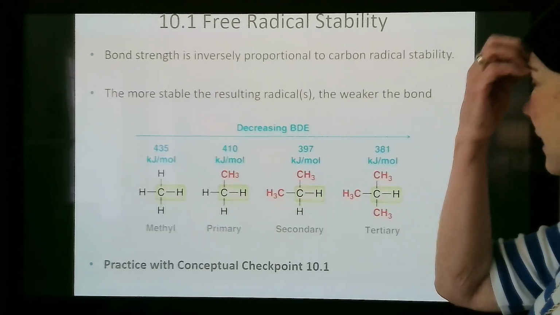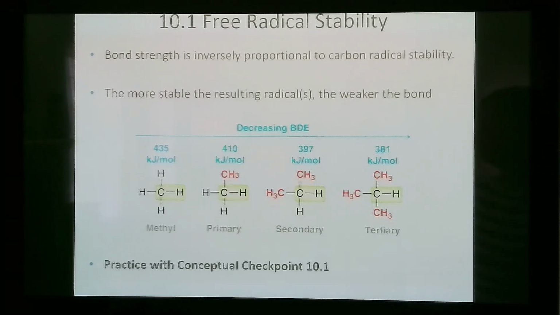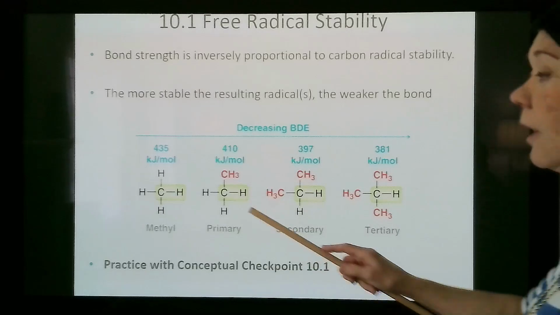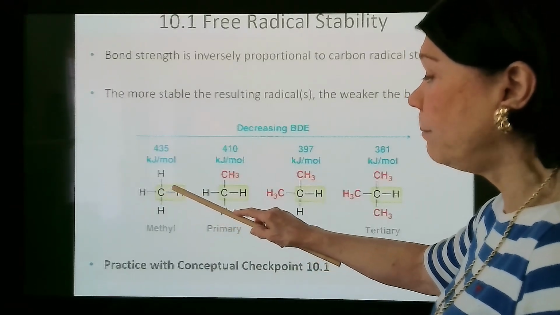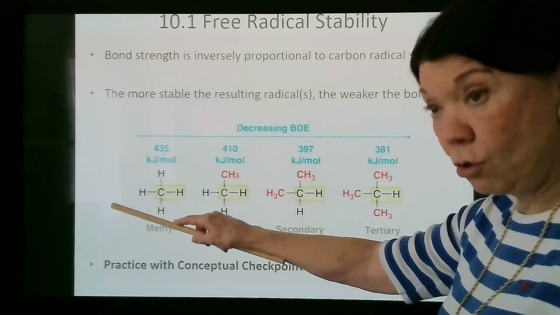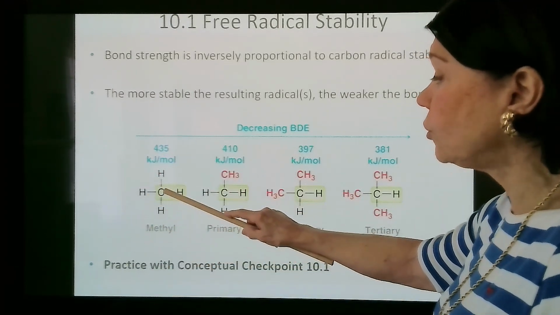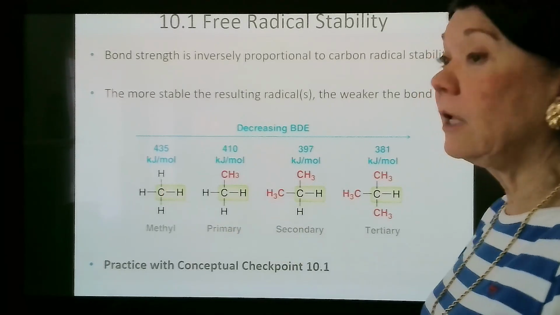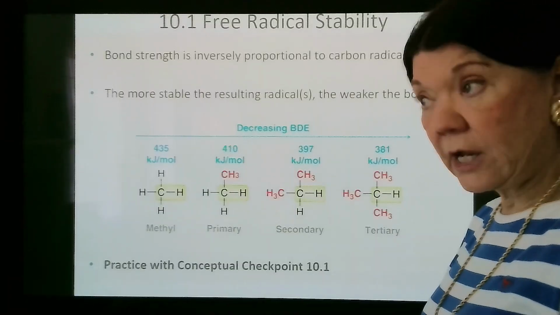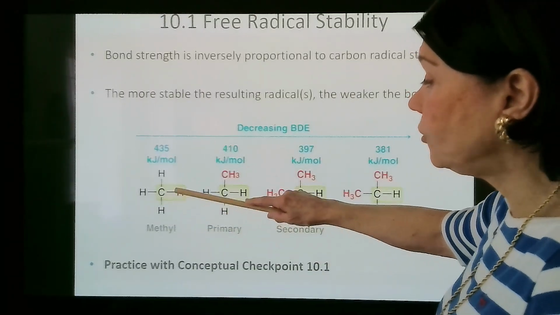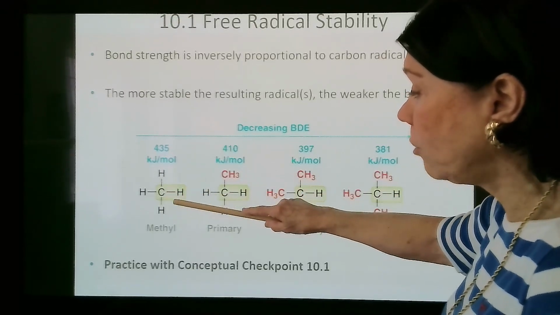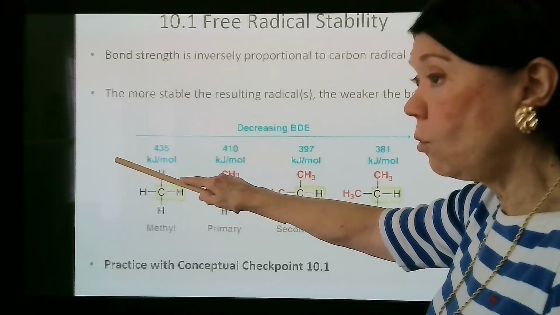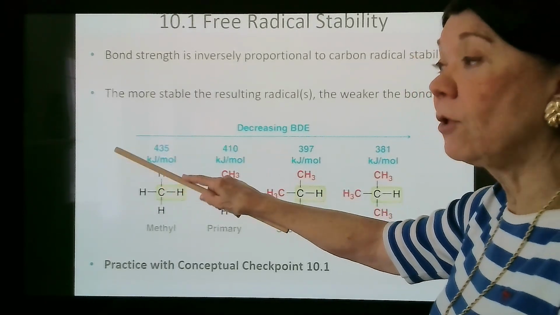Now, the bond strength is inversely proportional to the carbon radical stability. So the more stable the radical is, the easier it will be to break that bond and go to that radical. We just saw that the methyl radical is least stable, and so that means it's going to be hardest to cleave that CH bond homolytically and lead to that methyl radical.